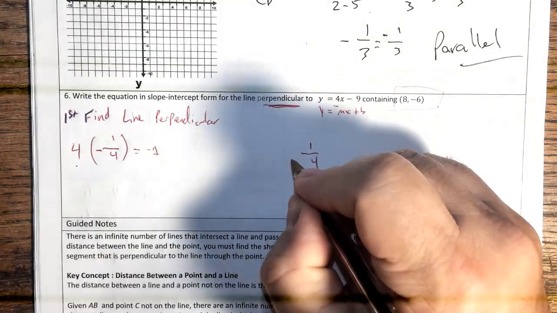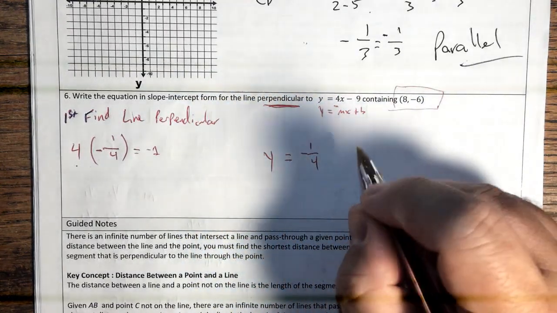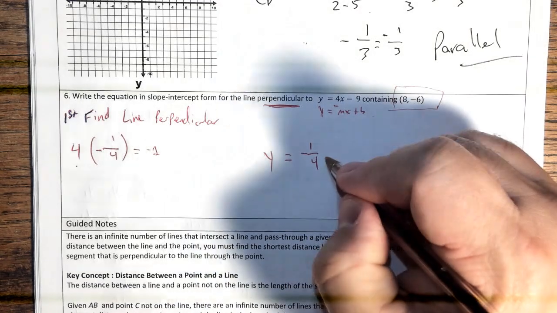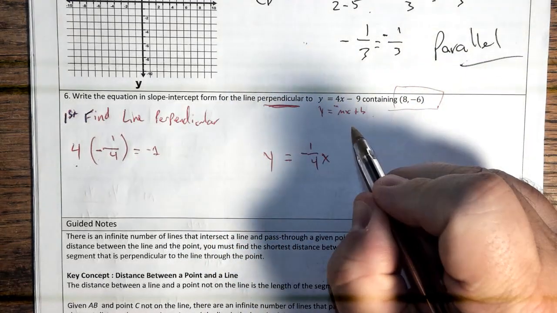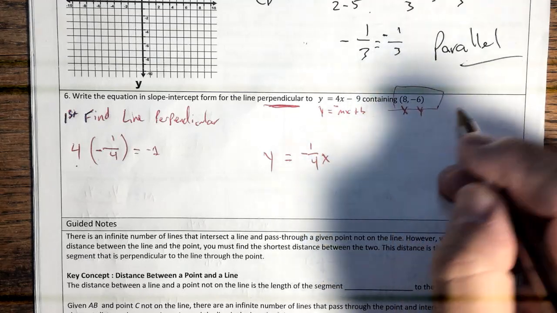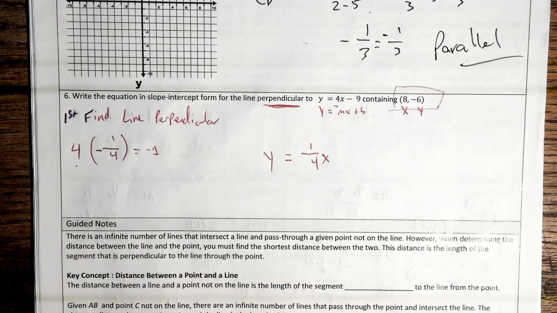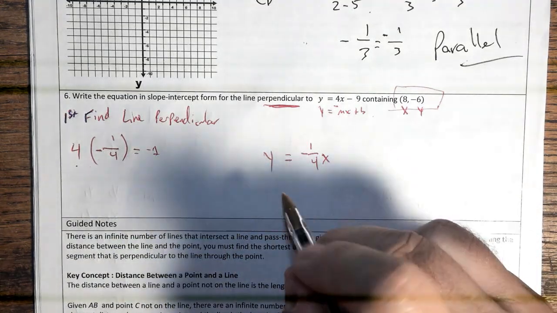We'll start building our line here. It's y equals mx plus b, so we need the b. To get the b, we're going to plug in, this is x, this is y. We plug it in to here.